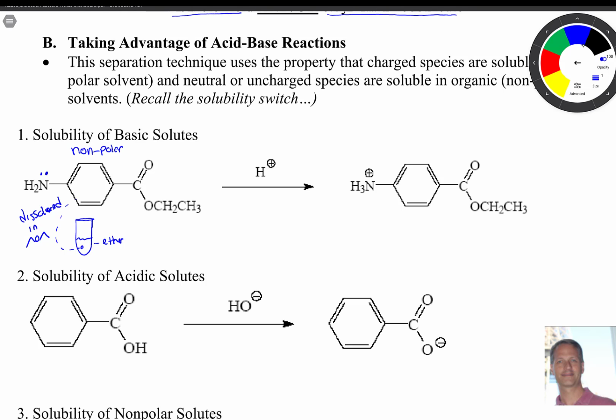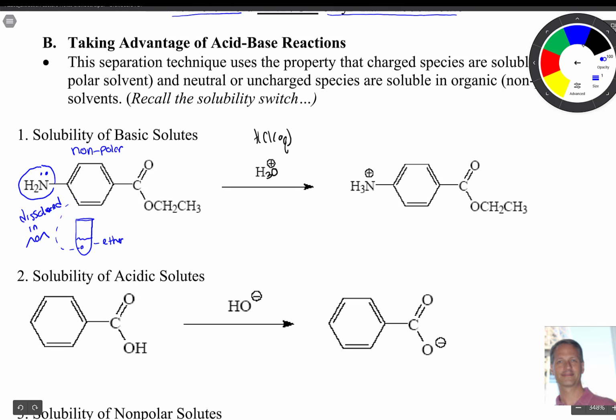Now, if we want to get this to crash out of solution, we can recognize that that nitrogen is basic, and here we're going to add H3O+. That means we're adding HCl (aq) here.